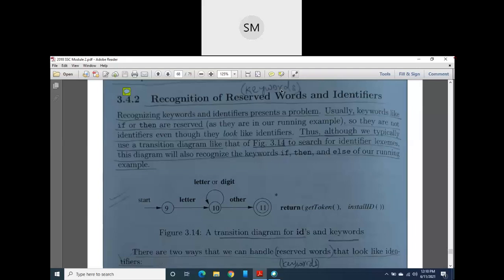So if you write a pattern for keywords, the same pattern will be applicable for identifiers also, because identifiers also have letters and digits.